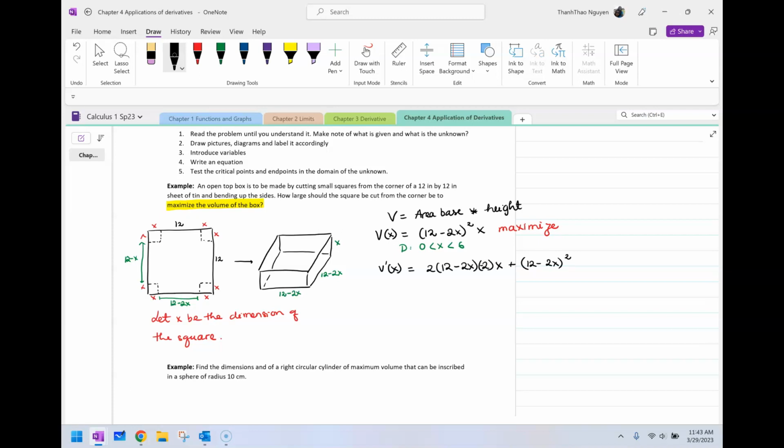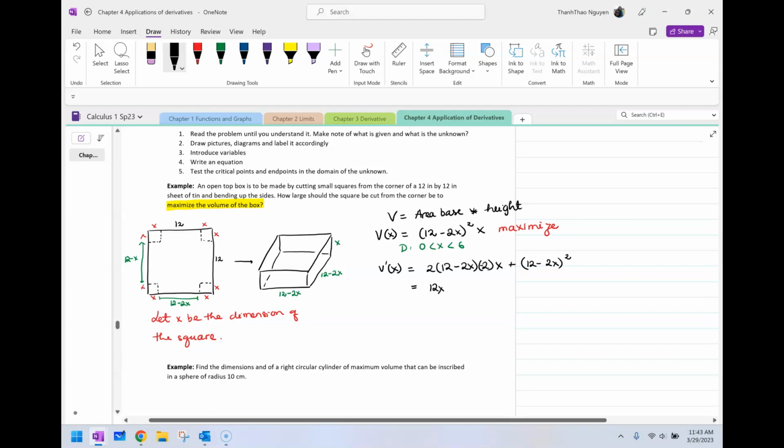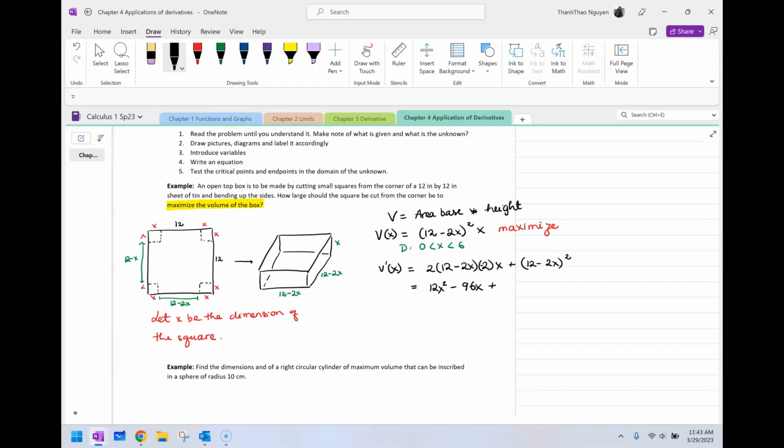We go ahead and simplify this function to get V prime of x equals 12x squared minus 96x plus 144. So this is a parabola opening upward. Okay, this is a parabola opening upward.